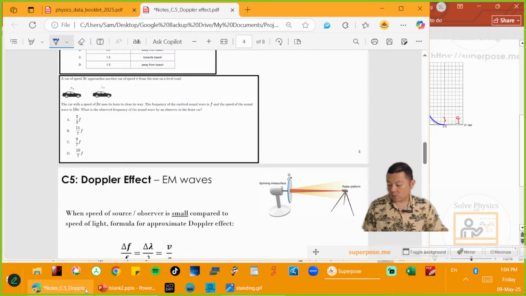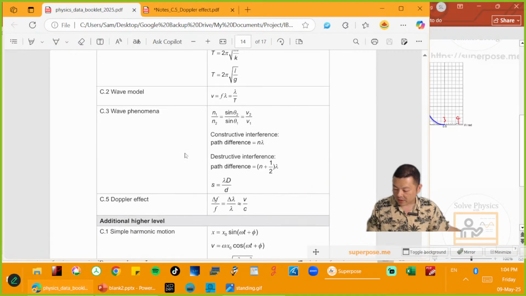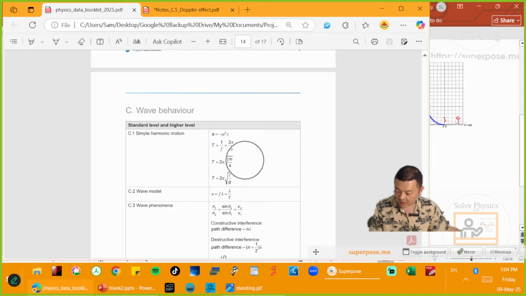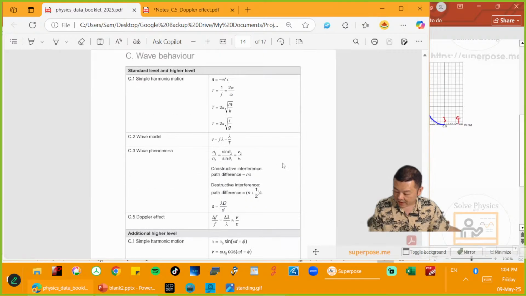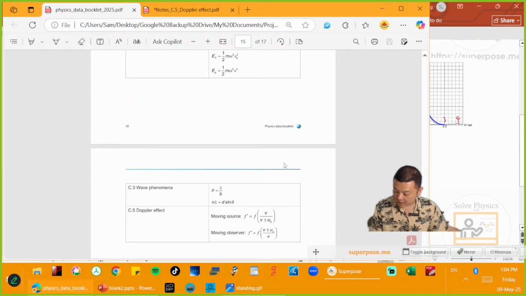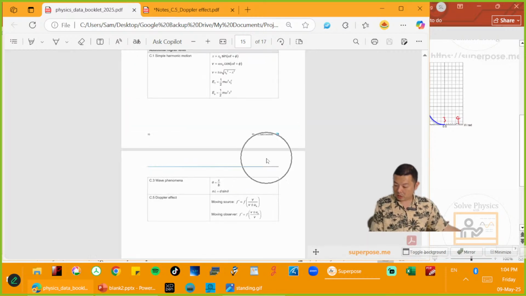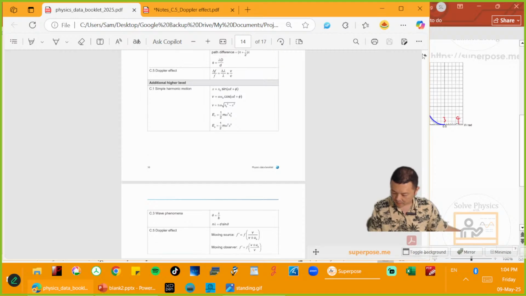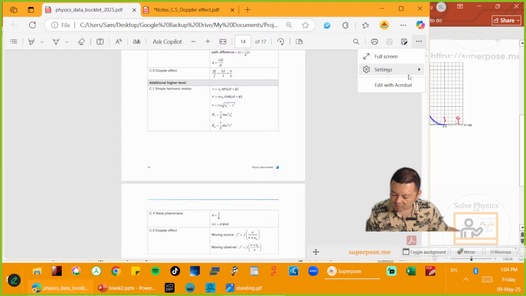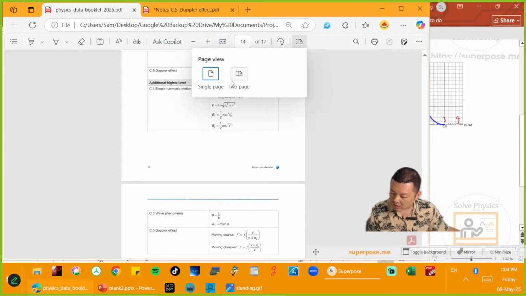I mean, we are allowed to use the data booklet, right? So C3, right? C3. Yeah, C3. Oh, yeah. Wait, okay.